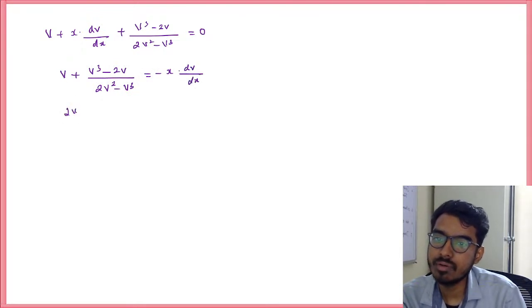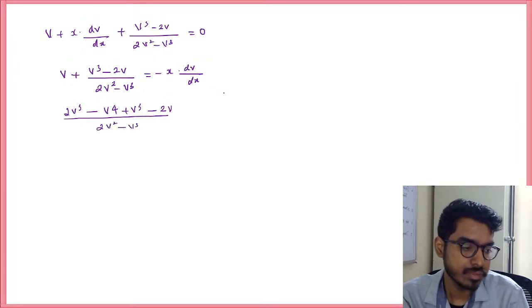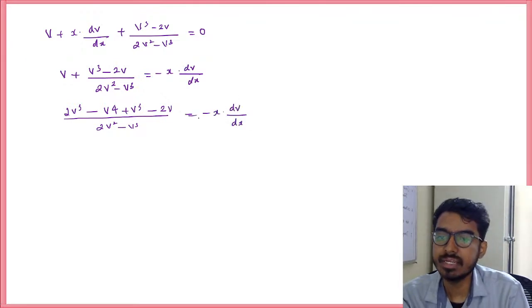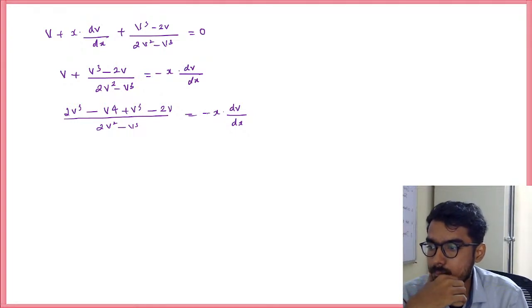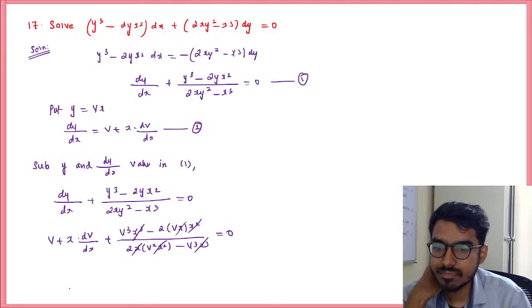Cross multiplying this, we have 2v cube minus v power 4 plus v cube minus 2v divided by 2v square minus v cube is equal to minus x into dv by dx. Right? Yes, sorry. Actually, you don't have v cube there, right?